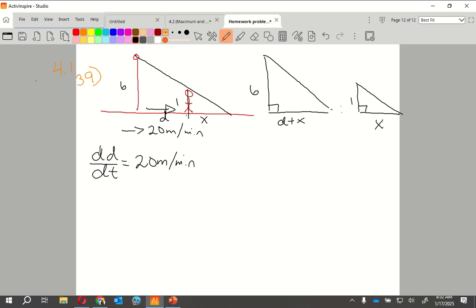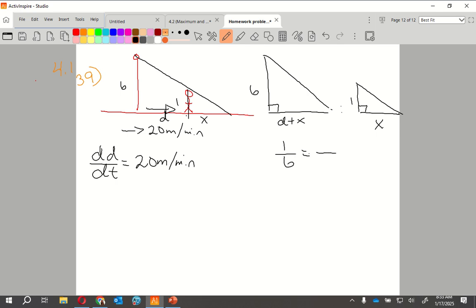And now I'm going to set up my proportions. I'm going to say 1 over 6 is equal to, what would my proportions be? If it goes 1 over 6, how would I set up the second fraction? Go ahead, Christian. D plus x over x. So look carefully. If the 1 is on top, then what needs to be on the top on the other side?